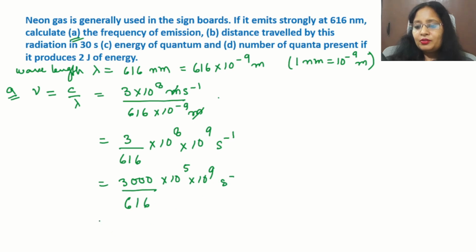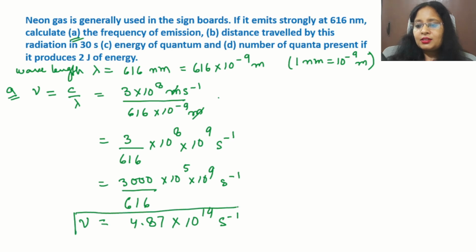Now when we do the division of this, we will get the answer here, 4.87 into 10 to the power, now 9 plus 5, it will be 14, and the answer is this plus 1. So this is the frequency. We get the first answer over here.